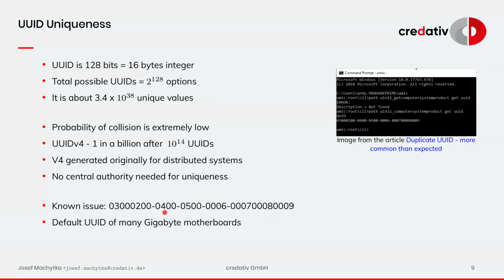And this UUID was used as the basic UUID for some Gigabyte motherboards. And during the manufacturing process, there was some issue with rewriting this default UUID. So many motherboards had actually the same UUID, but it was not an issue of the algorithm, it was an issue of that manufacturing process.